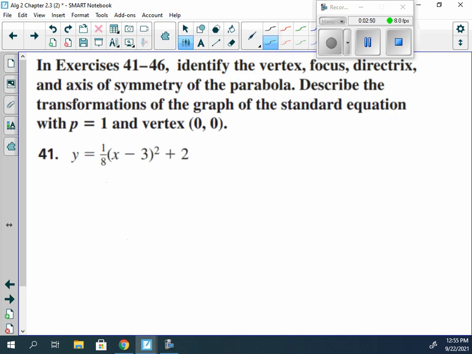What we're doing today is, given the equation, we want to identify the vertex, focus, directrix, and axis of symmetry of the parabola. If I have the values of h, k, and p, I can find all of them.